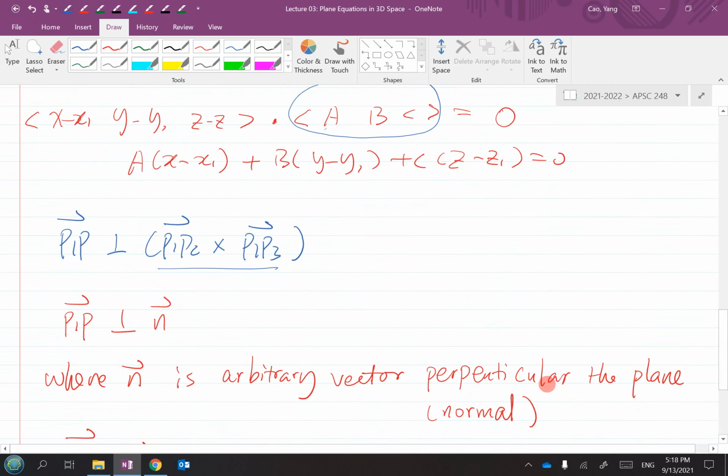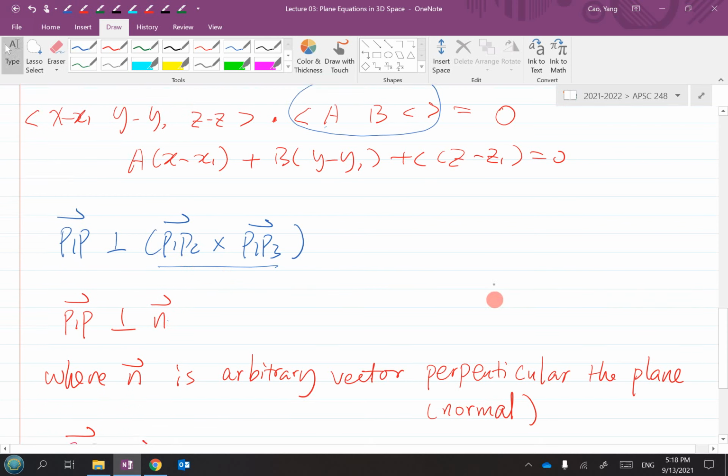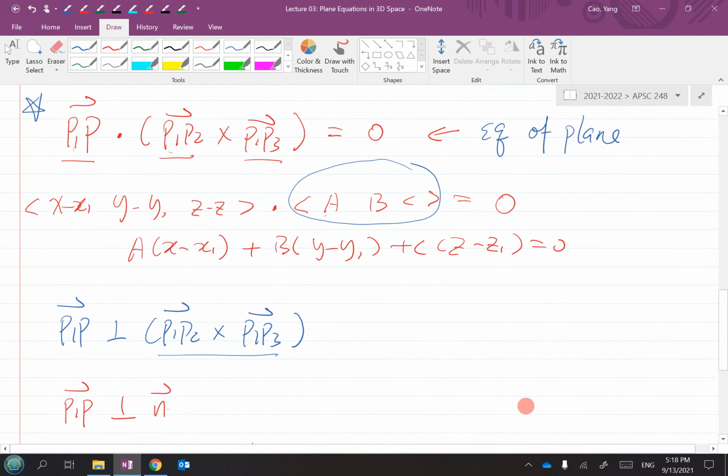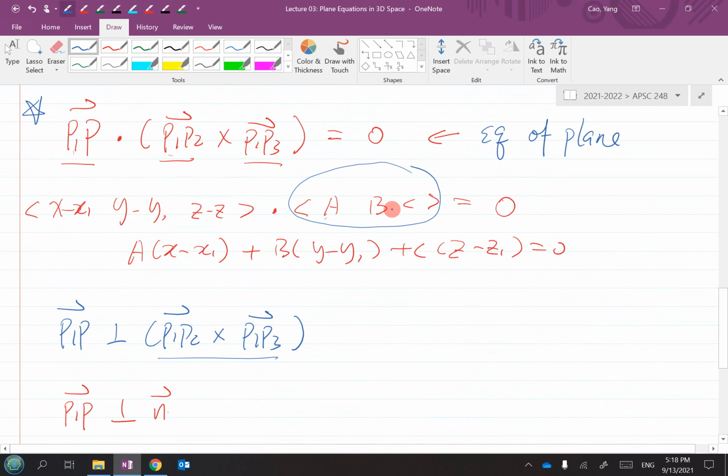So again, this actually gives you an idea: if I want to find a normal vector to the plane, this might be one approach. You could use this approach to find a vector normal to the plane. But this approach depends on what? Depends on that you have the knowledge of the coordinates of 3 points. Then you can calculate using the cross product to get a vector, capital ABC.